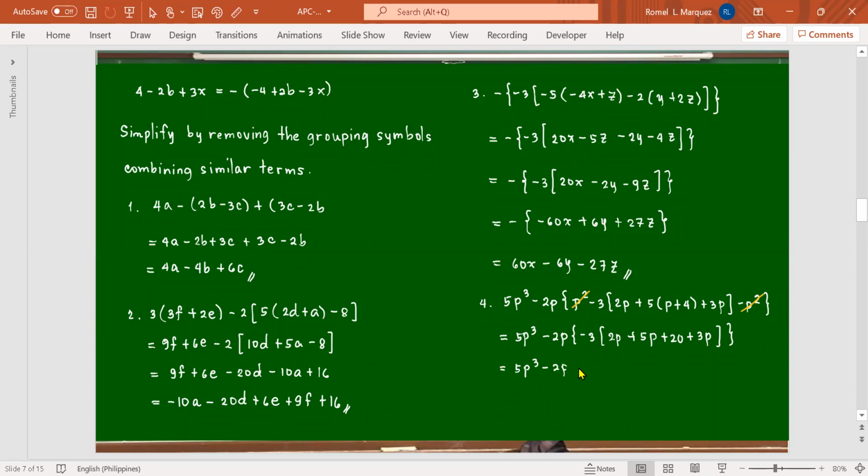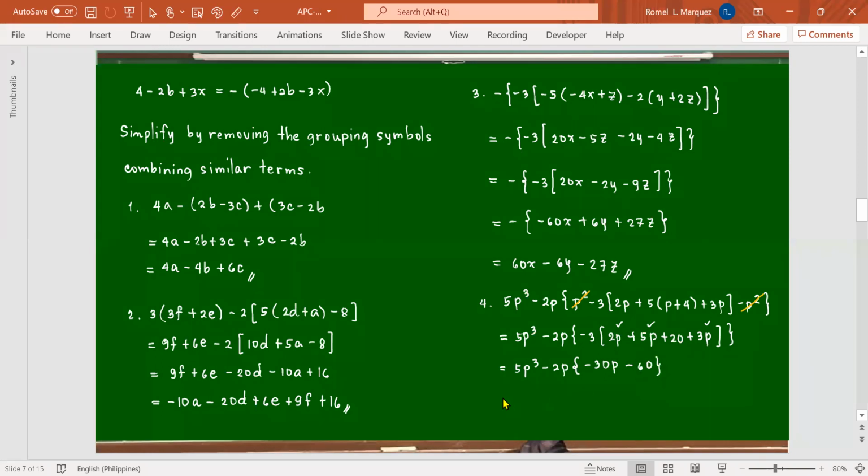What about here, guys? Distribute po. Distribute negative. Pero meron tayo i-combine eh. Ito tsaka ito, ilan yan? How many? 10p. 10 times negative 3. Negative 30p. Plus negative 60.